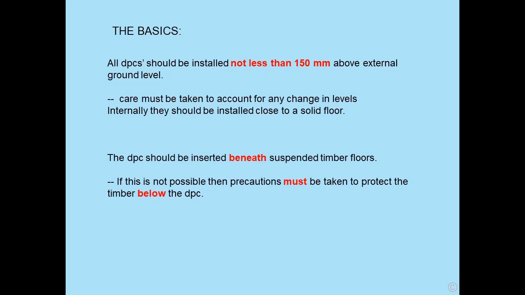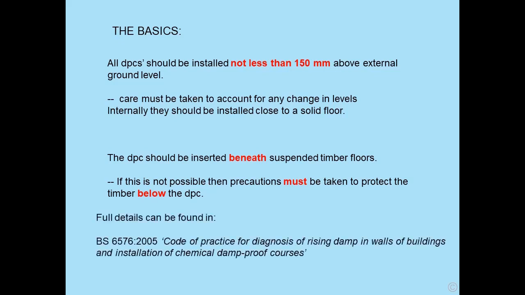If that is not possible, then one must take precautions to protect the timber, because it is now below the DPC. However, full details on the installation processes and conditions are found in the British Standard Code of Practice for Diagnosis of Rising Damp in Walls of Buildings and Installation of Chemical Damp-Proof courses.